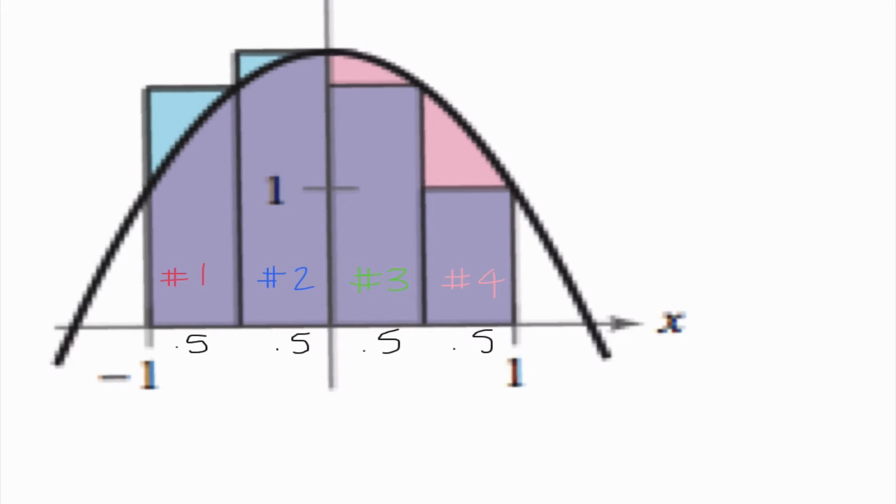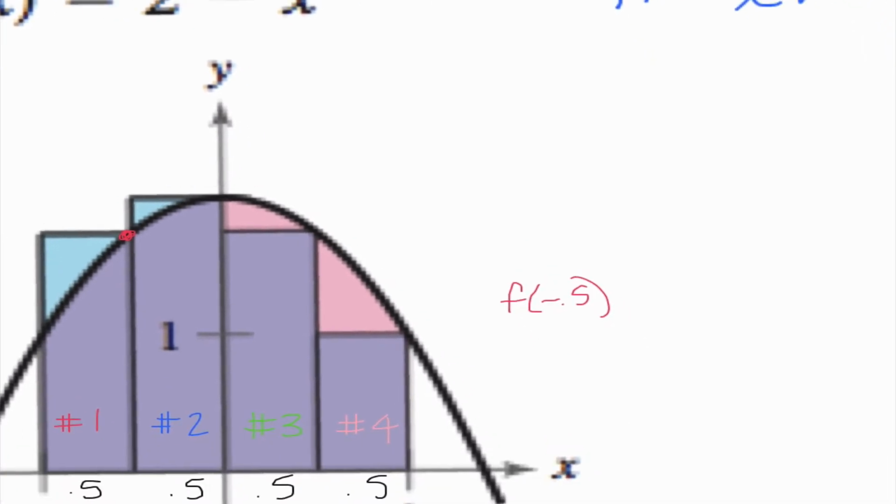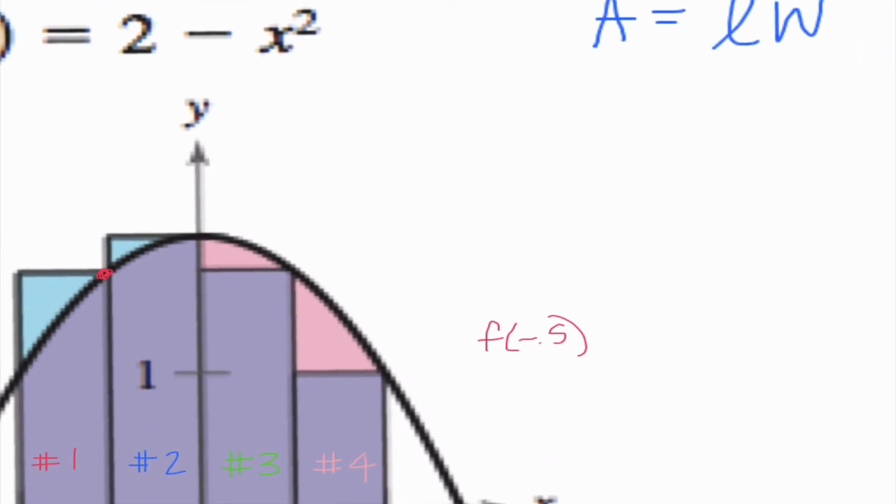Starting with rectangle number 1, I'm going to try and find this spot right here. I can see that this x value is -0.5 because it's going to the left 0.5. So to find that point, I'm going to do f of -0.5. Our function is 2 minus x squared, so I'm going to do 2 minus -0.5 squared. I get 2 minus 0.25, which is 1.75.